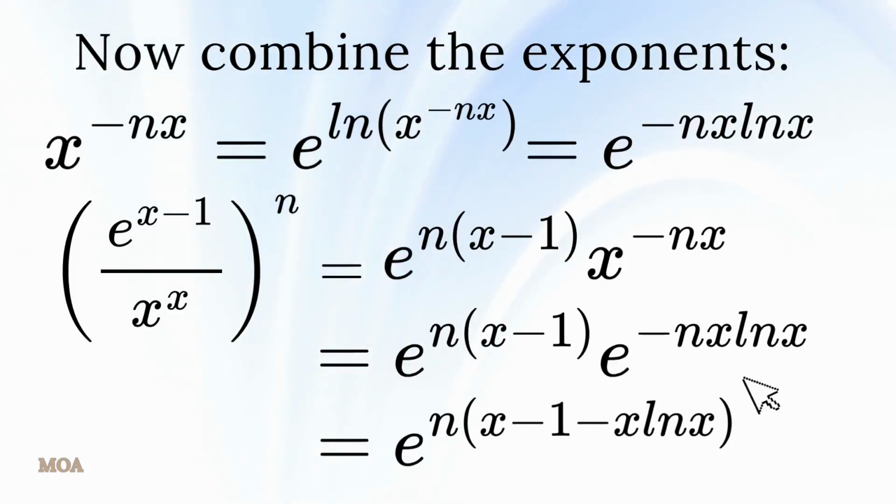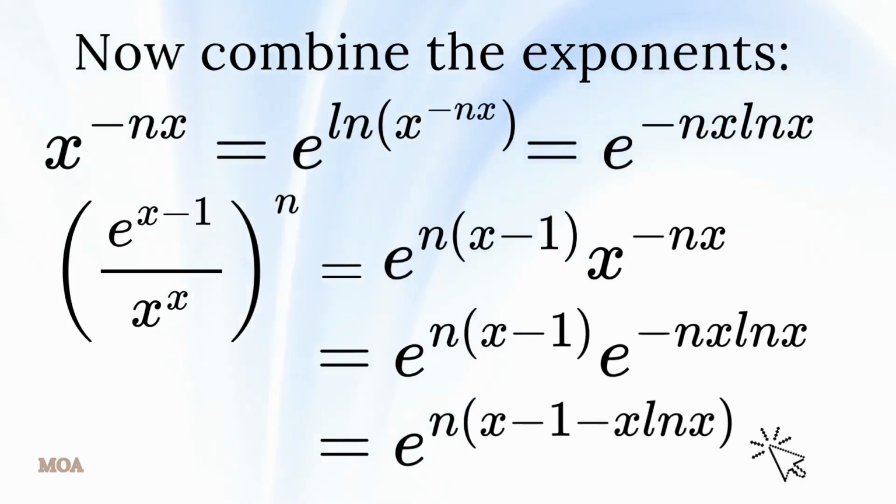Substitute this expression into the previous formula. This yields the exponential of the quantity (x minus 1) divided by x^x, all raised to the power n, equals the exponential of n times the quantity (x minus 1) multiplied by the exponential of negative nx times the natural logarithm of x.